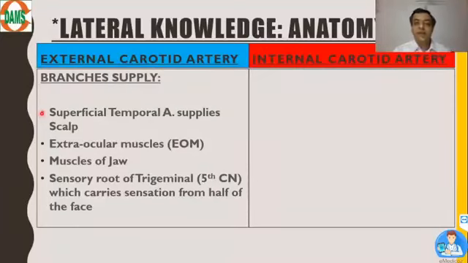So external carotid artery, the branches: superficial temporal supplies the area of the skull. The branches of external carotid also supply extraocular muscle. They also supply the muscles of the jaw. And it also supplies the sensory root of the trigeminal nerve, which carries the sensation from half of the face.